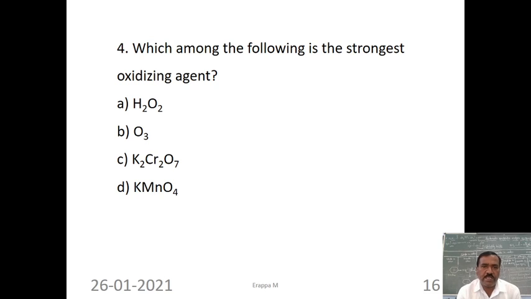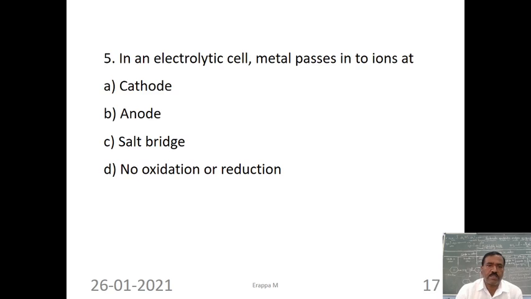All are oxidizing agents, but which is the strongest? B is the answer, that is, ozone is the strongest oxidizing agent.